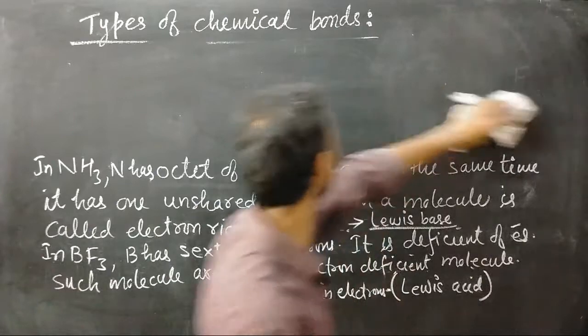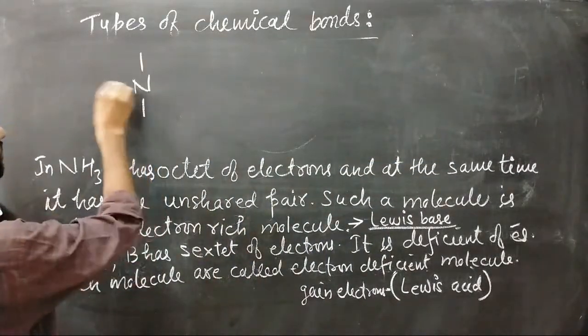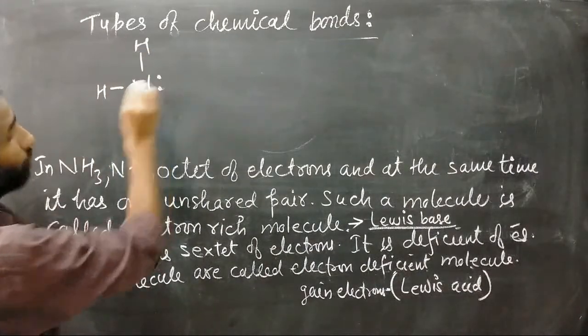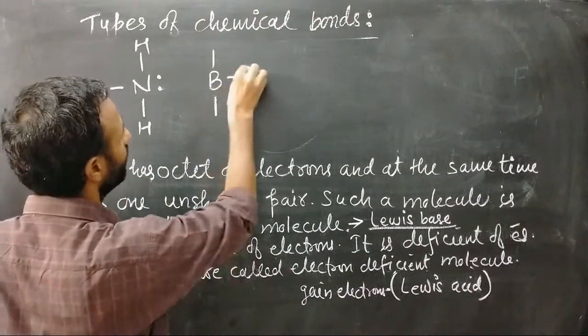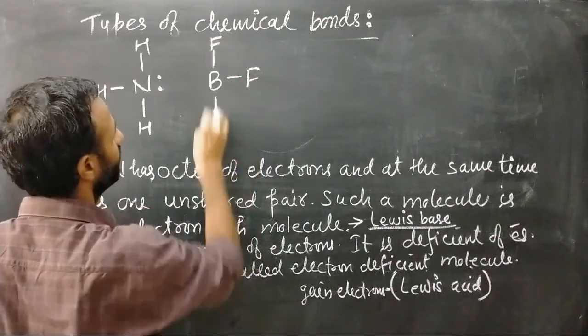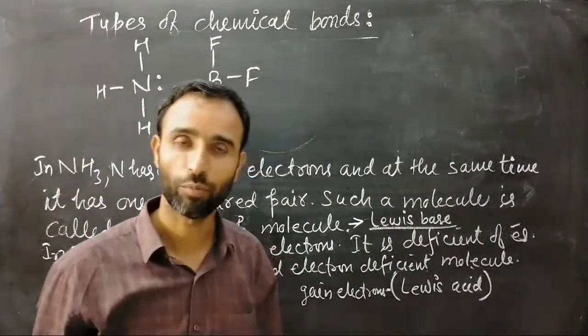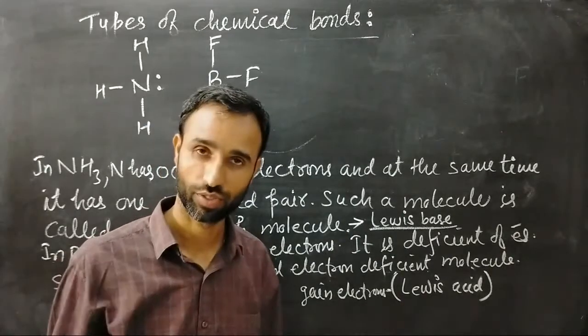So now let us write them like this: nitrogen of ammonia with one pair, boron of BF3 without any electron pair, and it needs two more electrons.